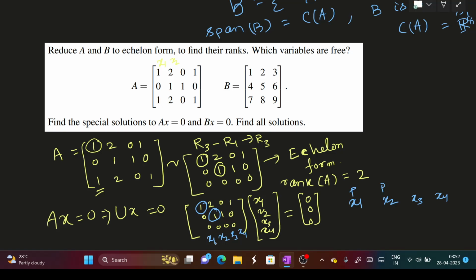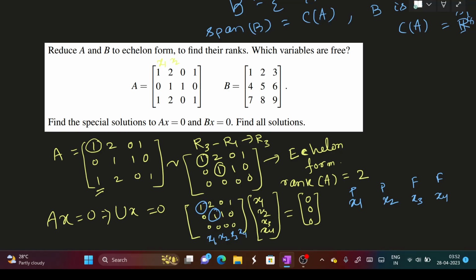A variable is a pivot variable if its corresponding column has a pivot, otherwise it is free. So the last two columns do not have any pivot, so the corresponding variables are free. x1, x2 are pivot variables and x3, x4 are free variables.